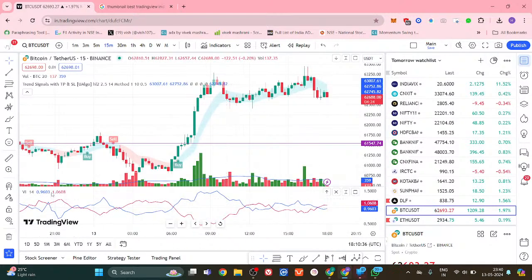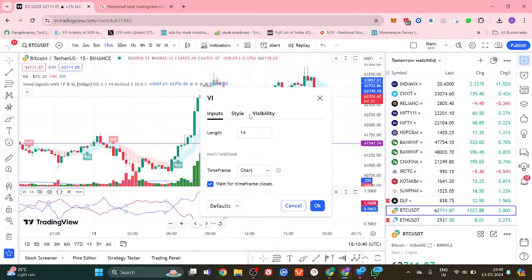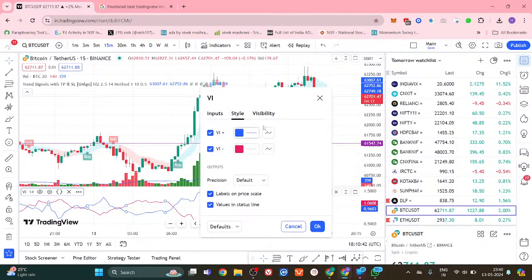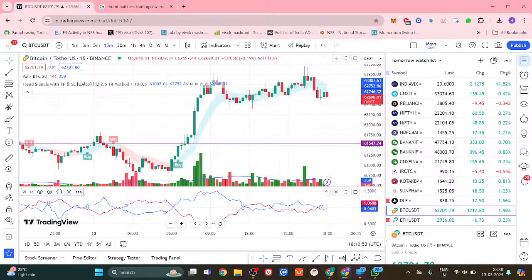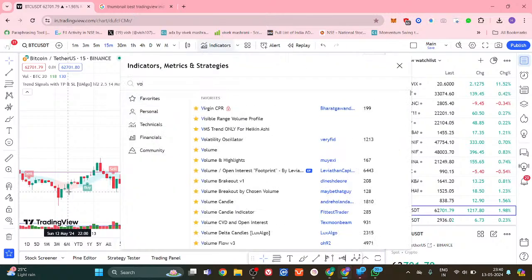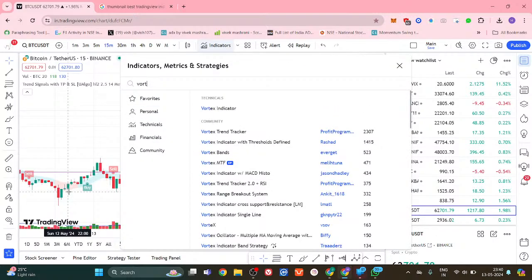Here again, the default settings we need to change. Please remember to make a note of it. It will be unchecked. Wait for time frame close. Or there's another, Vortex Trend Tracker.